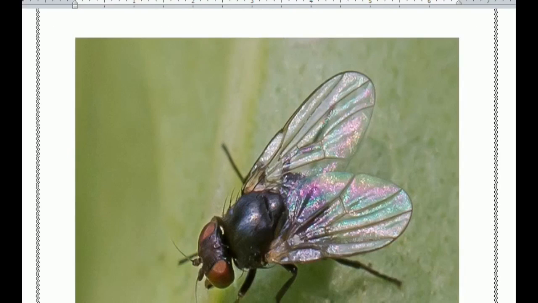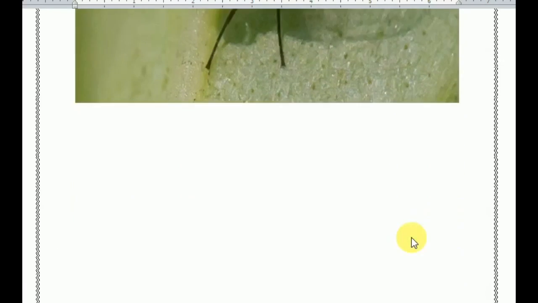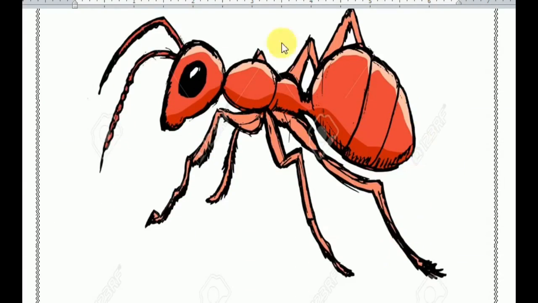What does the body of each insect look like? What is common among them? How many legs does each insect have? Can we see? Yes, the shape of the insect's body and wings looks different. See, the wings and legs of housefly and ant are entirely different.